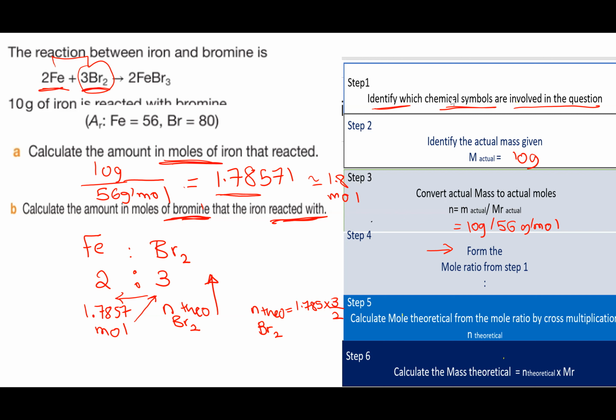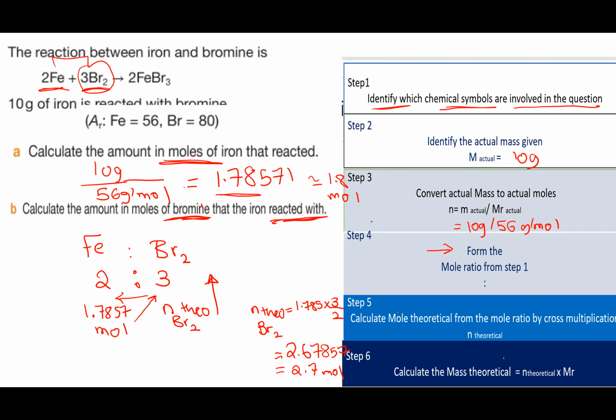And that value is going to be 2.67857, and then you're going to have to round it to 2.7 moles. So these are the moles of bromine that were needed, okay?